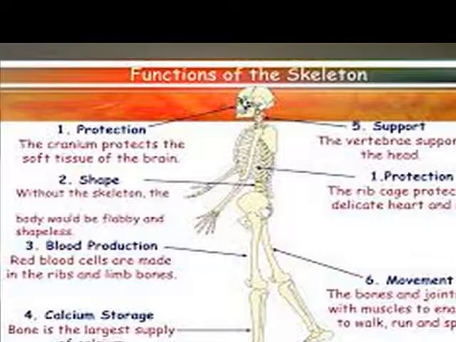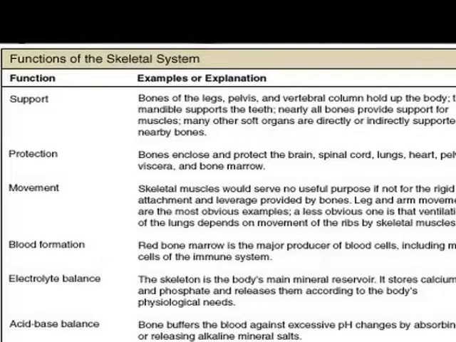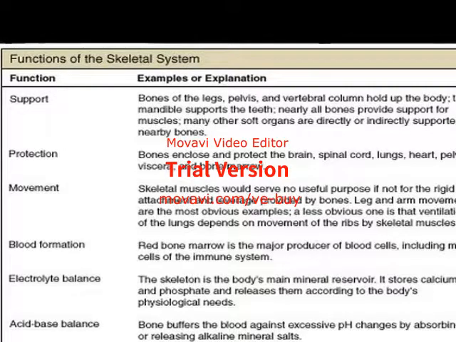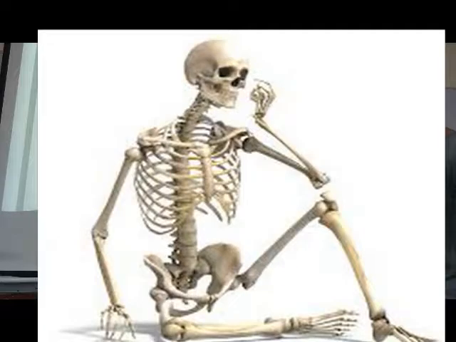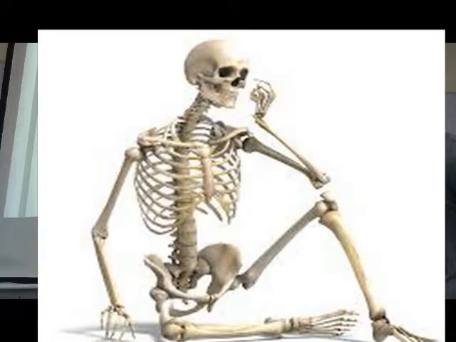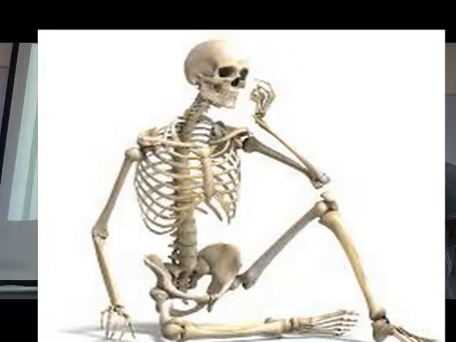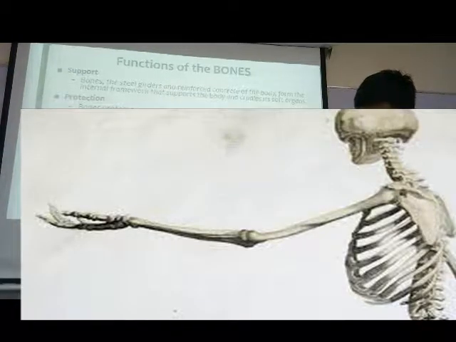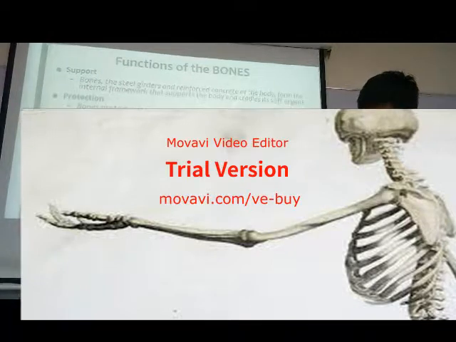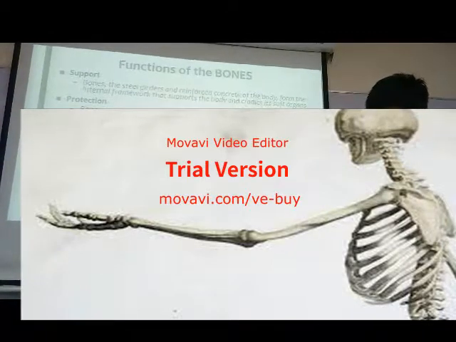Support. The bones of the legs act as pillars to support the body trunk when we stand, and the rib cage supports the thoracic wall. Protection. For example, the fused bones of the skull provide a snug enclosure for the brain, allowing someone to head a soccer ball without worrying about injury.